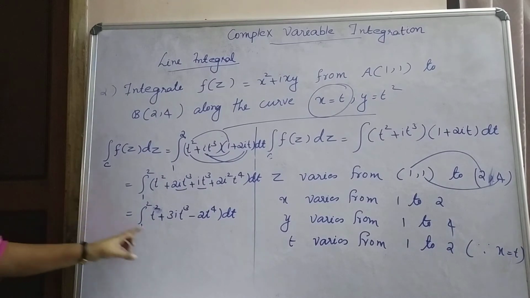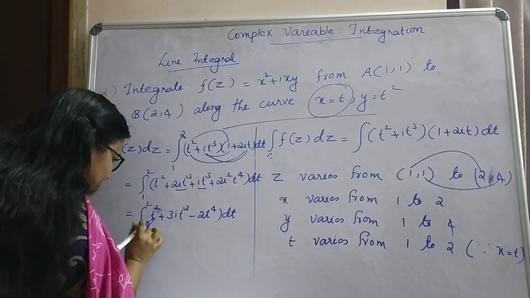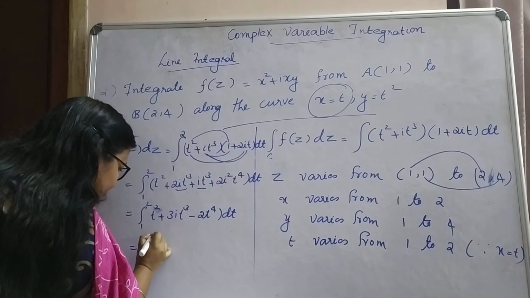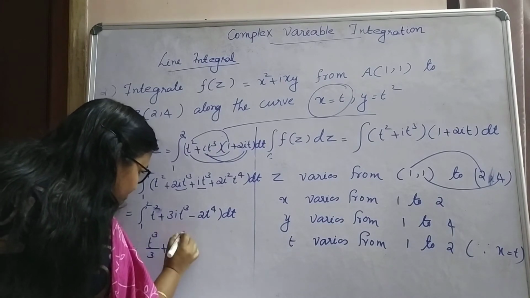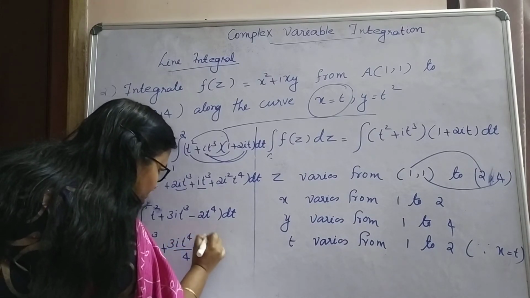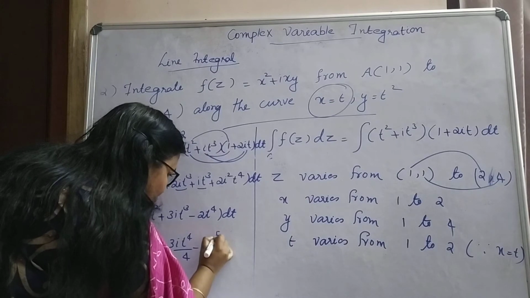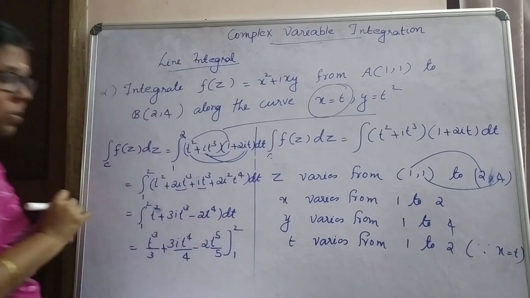Now we integrate this very carefully with respect to dt: the integral of t square is t cube by 3, plus 3i times the integral of t cube, which is t raised to 4 by 4, minus 2 times the integral of t raised to 4, which is t raised to 5 by 5, limit 1 to 2.